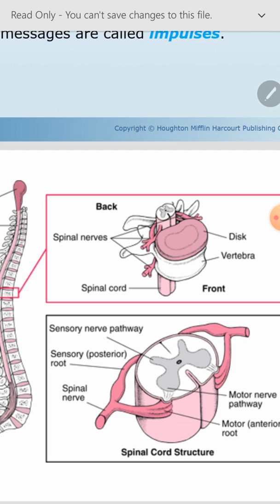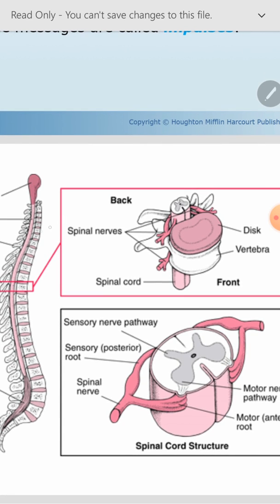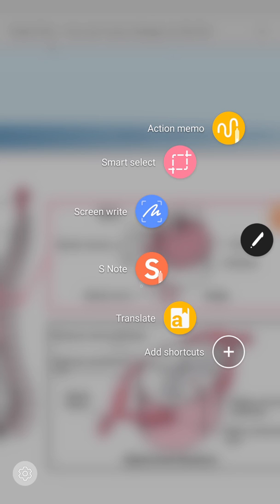It receives the information from the sensory nerves and sends the instructions through the motor nerves.